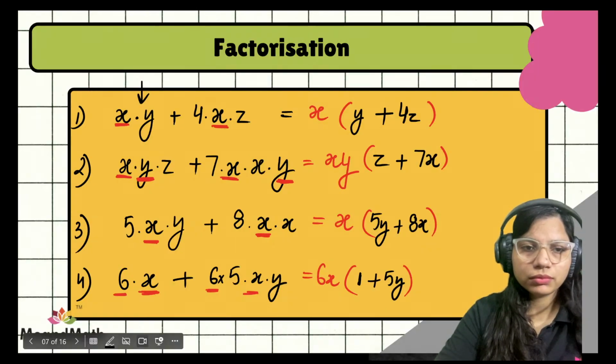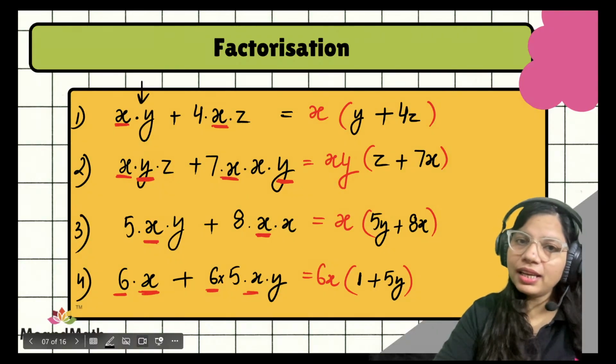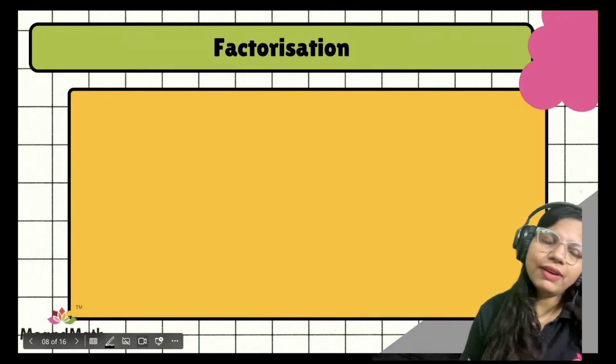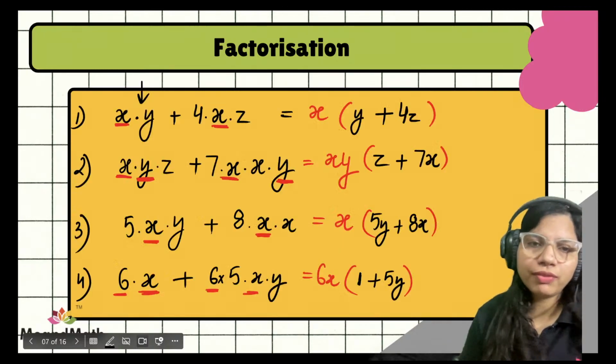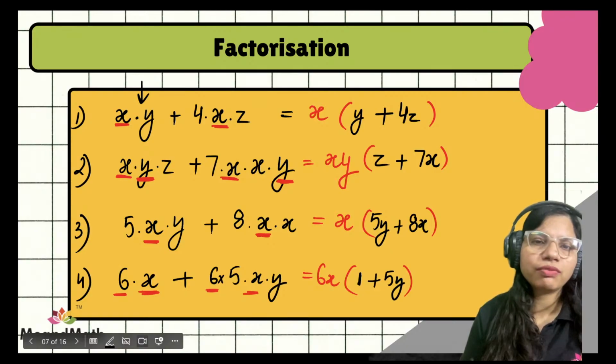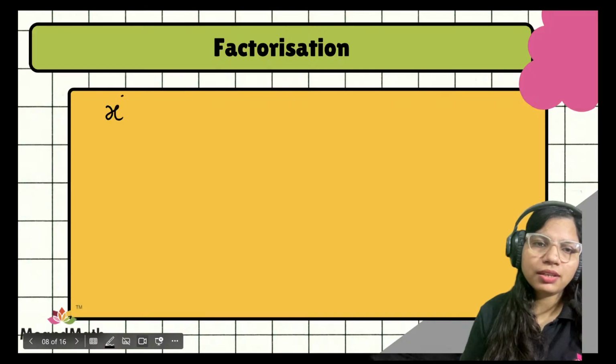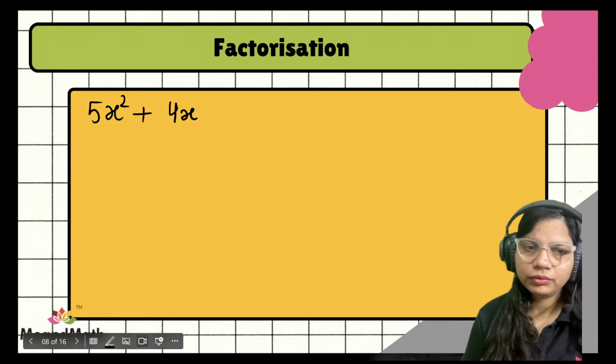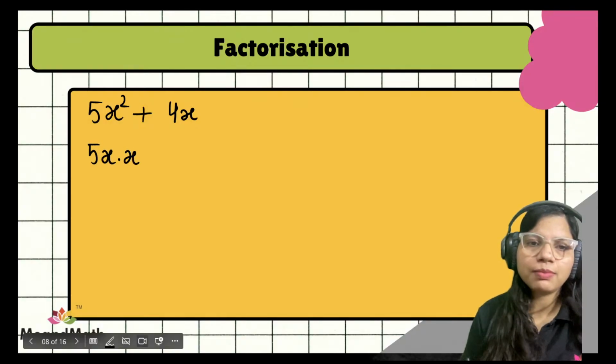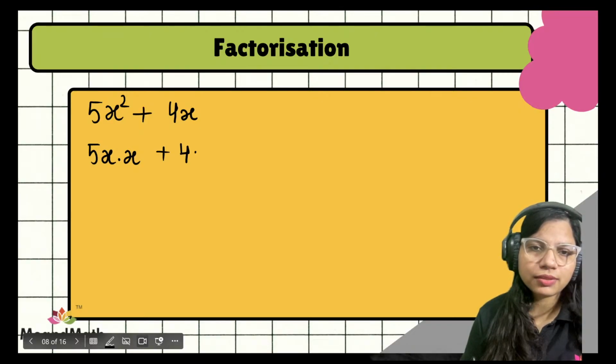Okay. Now let's see complete factorization. What we have seen so far, I have given you in broken form. Now we'll be having it as, say for example, 5x squared plus 4x. How will we do this? You will write 5x squared as x times 5x plus 4x.